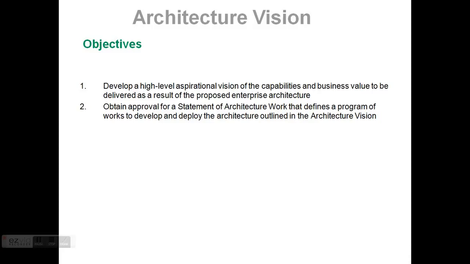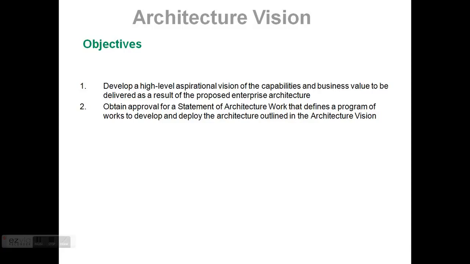Okay, so in terms of objectives, the objectives of phase A are summarized in these two points. We're talking about developing a high-level inspirational vision of the capabilities, what we want to be able to do for the business, to create and deliver value, and the results of the proposed enterprise architecture.